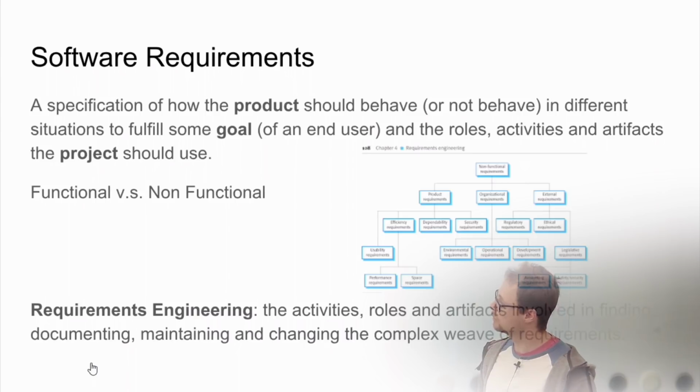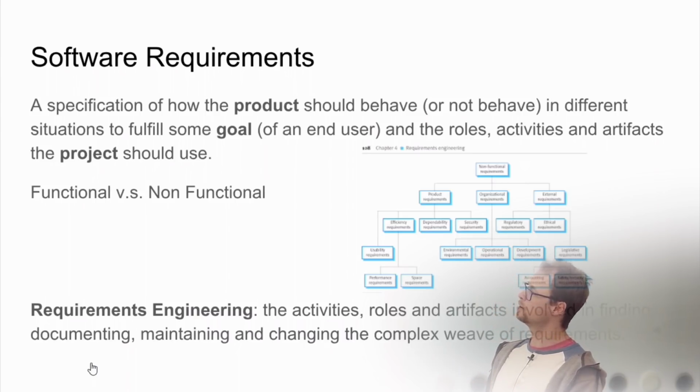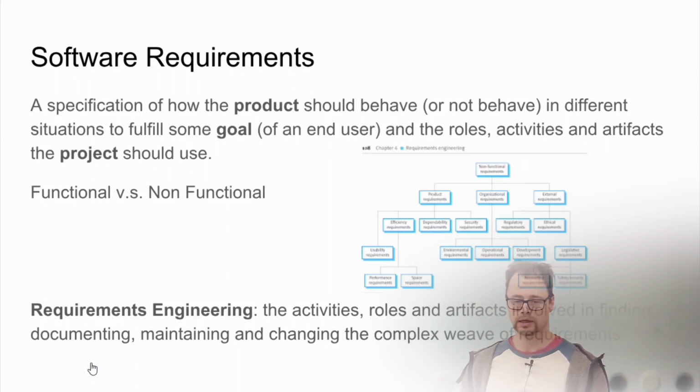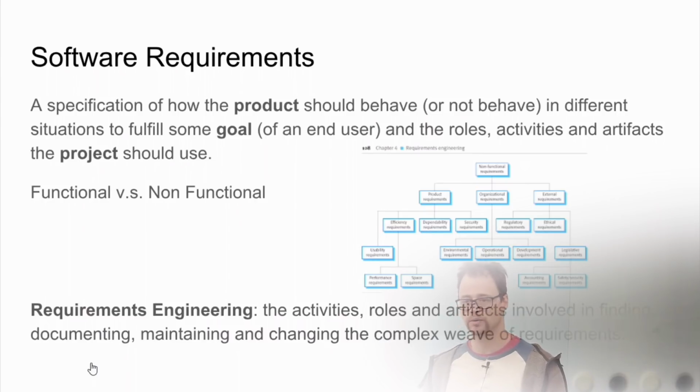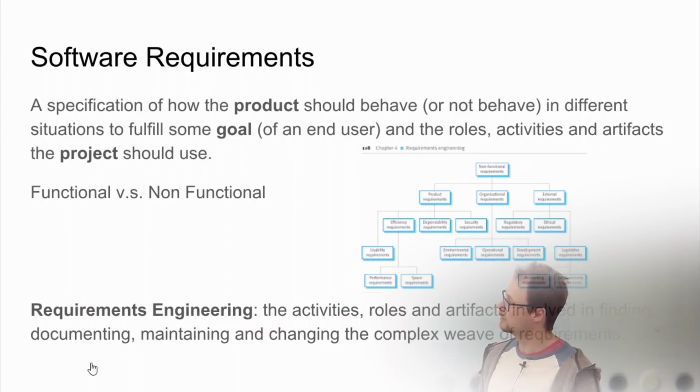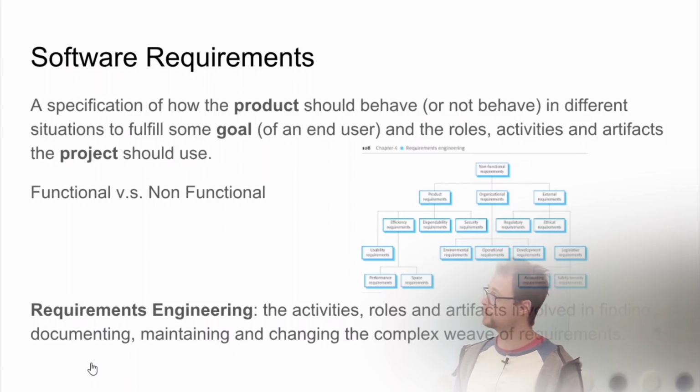And when we continue, we need to know a little bit more specifically what the behavior of the system should actually be. What should the system do? And to do this, we collect software requirements. Software requirements are simply a specification of how the product should behave or not behave in different situations to fulfill some goal of an end user.